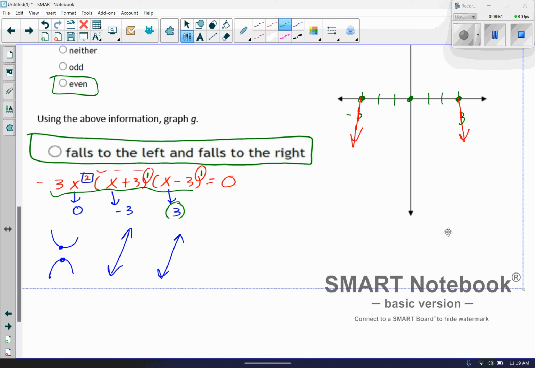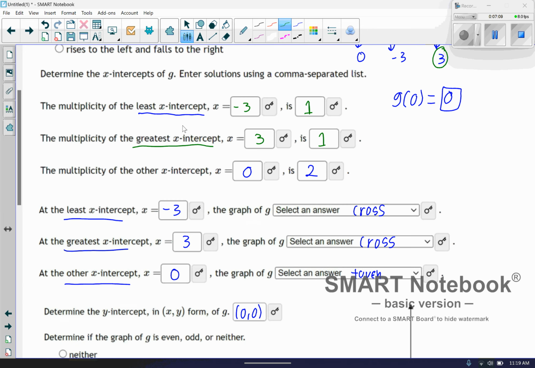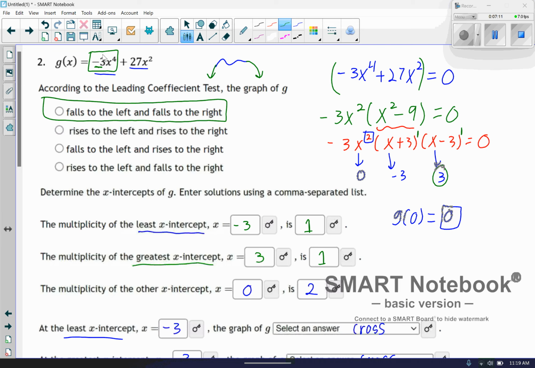So I'm going to figure out f of 1. I'm going to have -3 times 1 squared, and then 1 plus 3 times 1 minus 3. So I'm plugging it into what I have written in red here. It would be the same thing as if I were to plug it into this. And if you wanted to, you could plug it into the original.